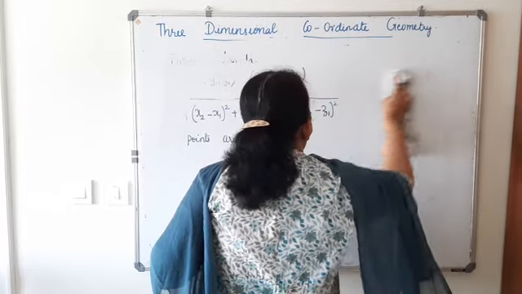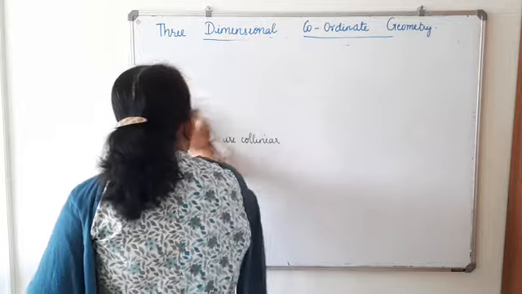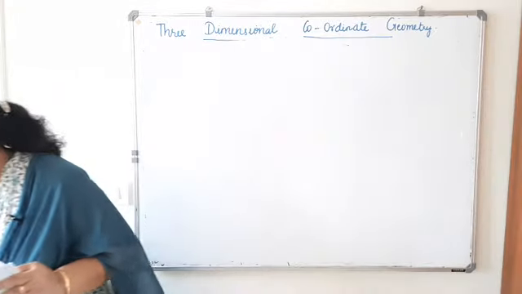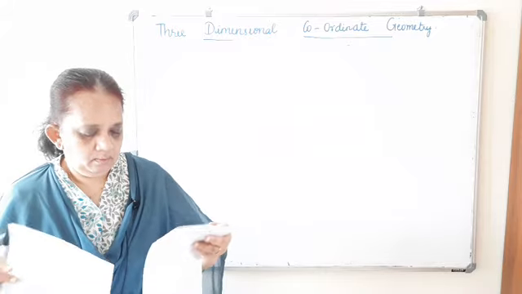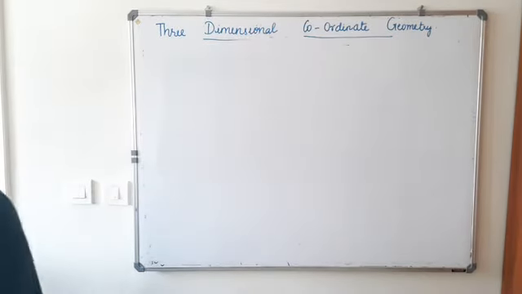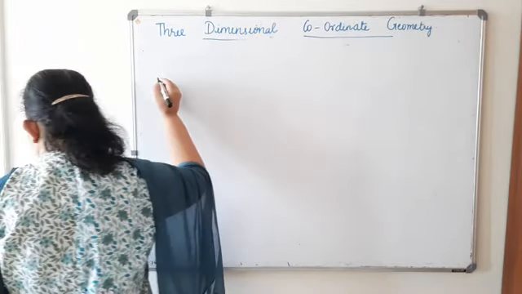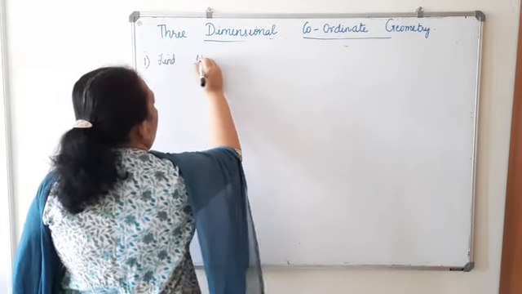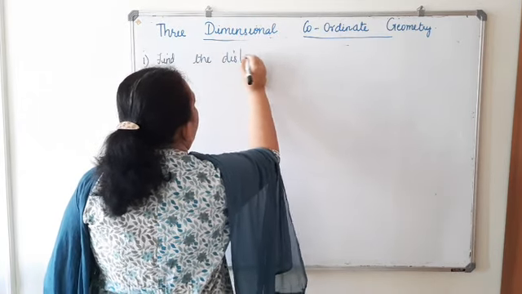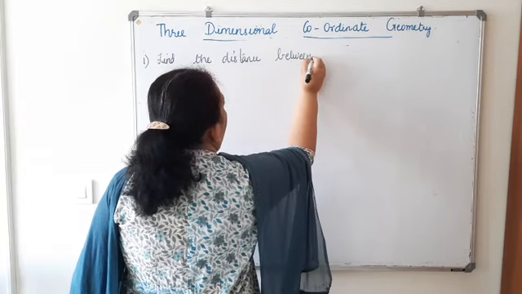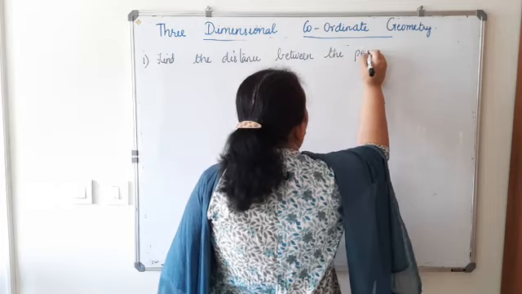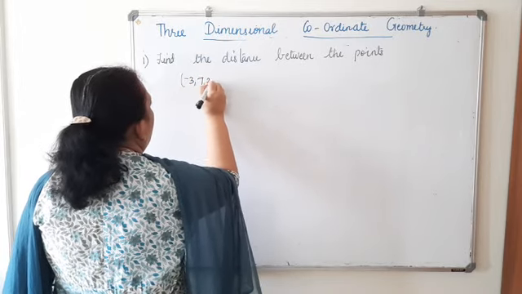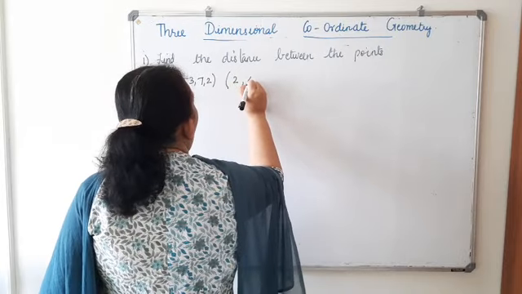Now take down. Find the distance between the points minus 3, 7, 2 and 2, 4, minus 1.